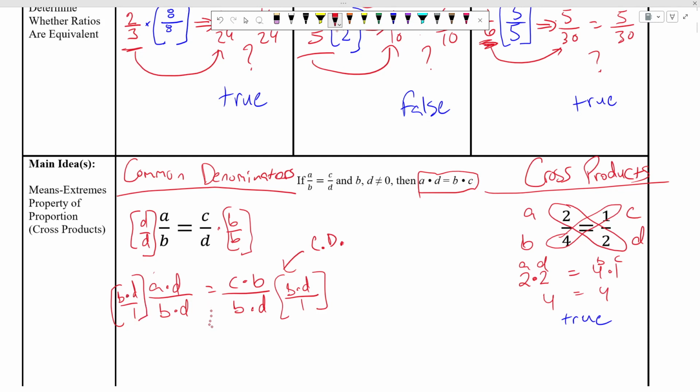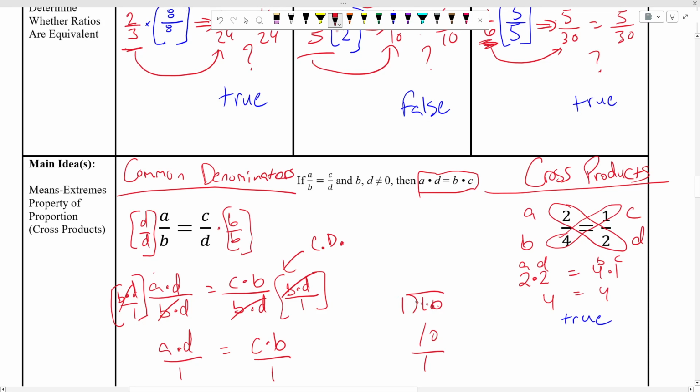It's b times d, and basically what happens is these cancel, and you're left with a times d over 1 equals c times b over 1. And anything over 1, 10 over 1, whatever, anything at all, 10 divided by 1 is 10.